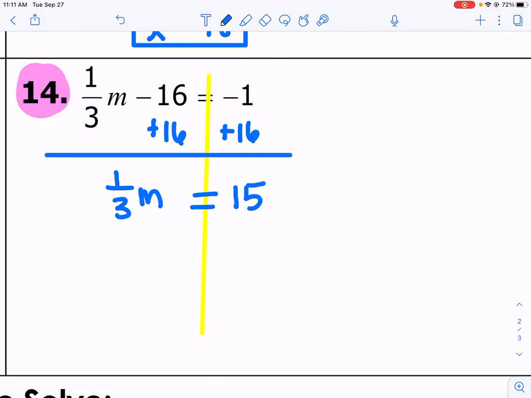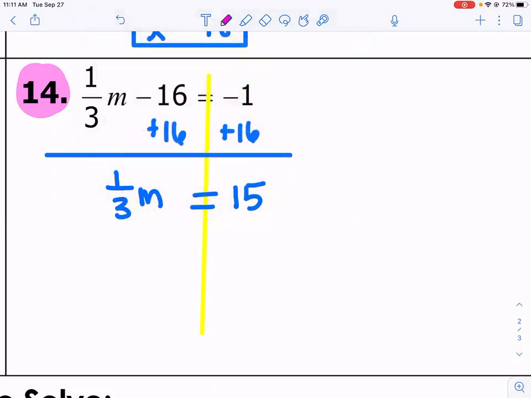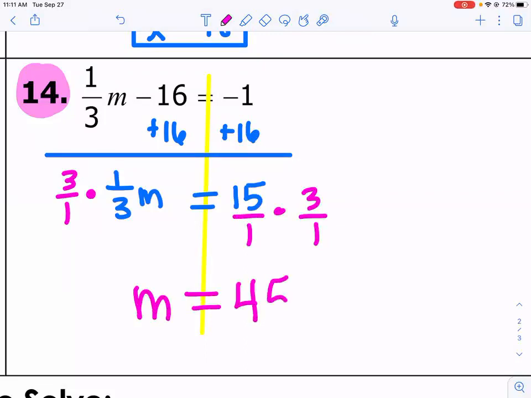Bennett, what did you do next? Okay, and dividing by 1/3 is the same thing as multiplying by... And he said it helped him to put 15 over 1. So you got M equals 45.